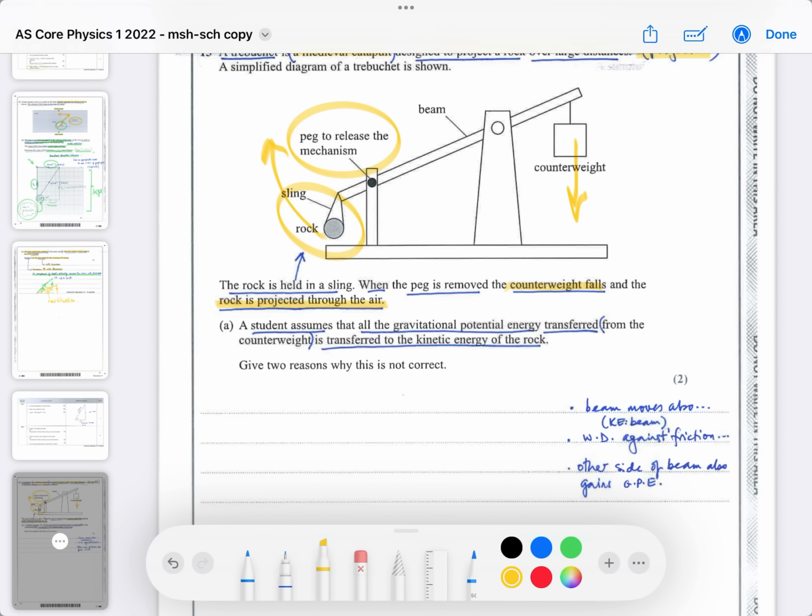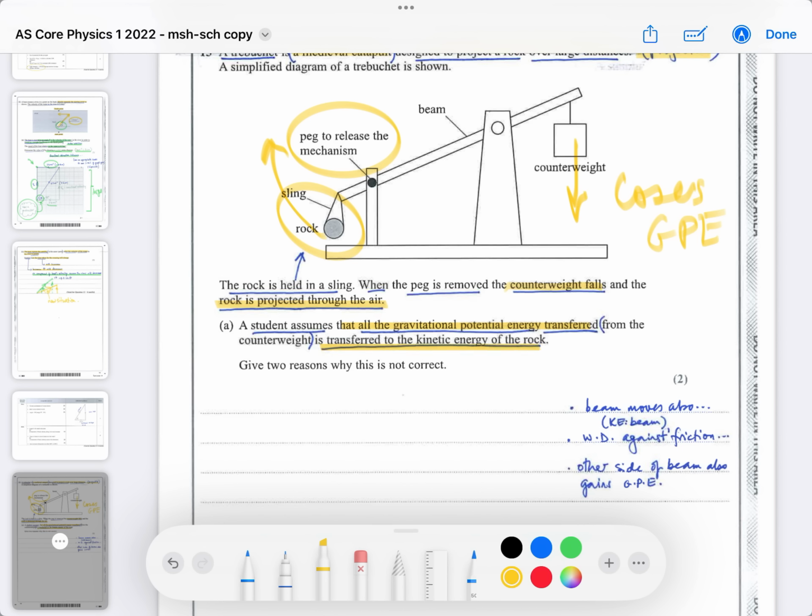The student assumes that all the gravitational potential energy is transferred from the counterweight. So this loses gravitational potential energy, and obviously the rock gains gravitational potential energy, but it also has energy transferred to kinetic energy.